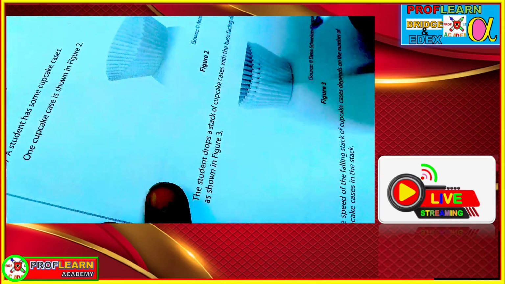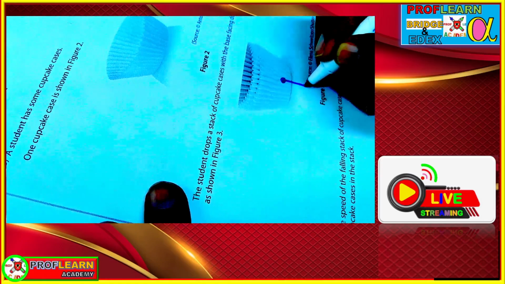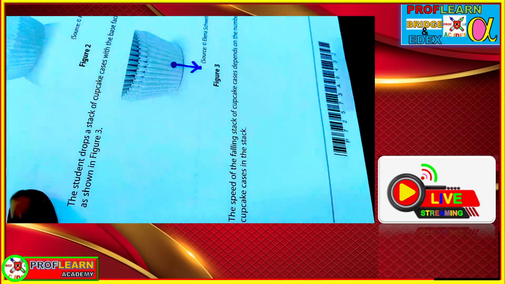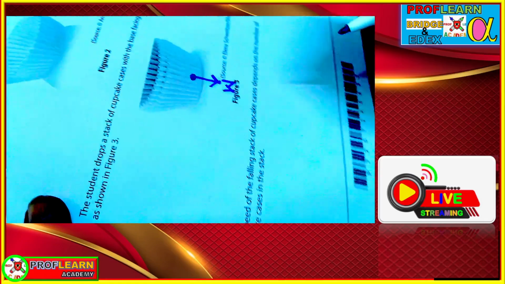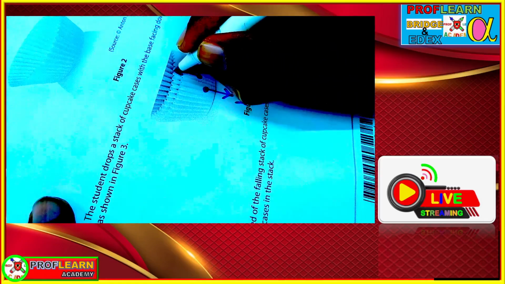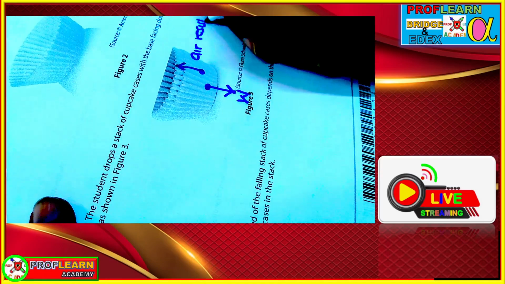So first we need to identify that there is a force pulling this down, and this is actually weight. Weight is pulling this down, and the upward force is called air resistance. Those are the forces which are involved.